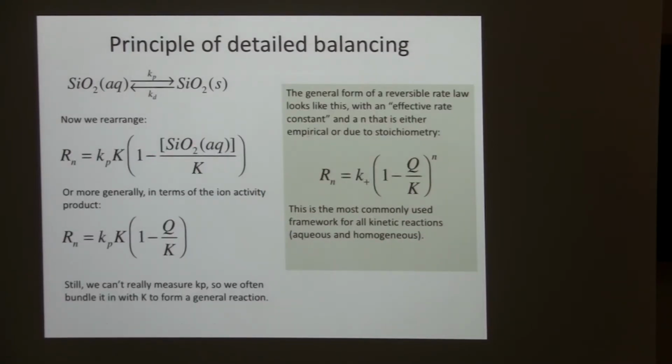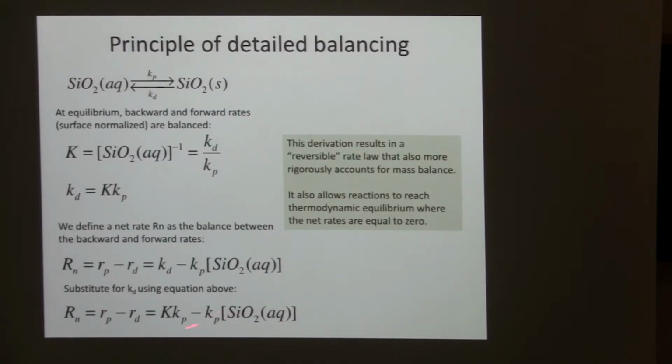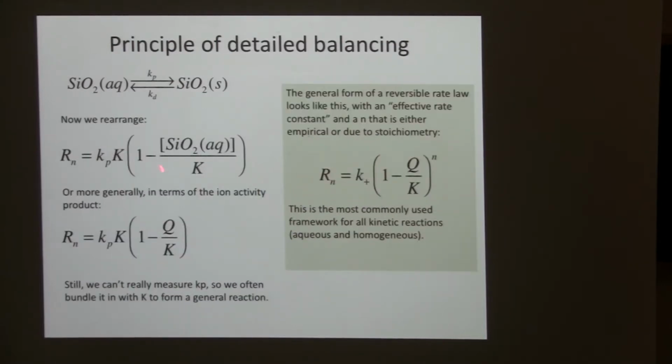And all I did now, don't lose me, all I did was pull the Kp out. See it? That's a new constant, which we refer to as the rate constant. Those are two constants. We multiply them together, we get another constant. It's magic. 1 minus, and then here is the concentration in solution, which people often refer to as Q, or the ion activity product. And here is the equilibrium constant.